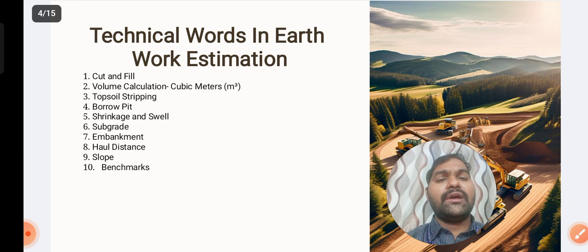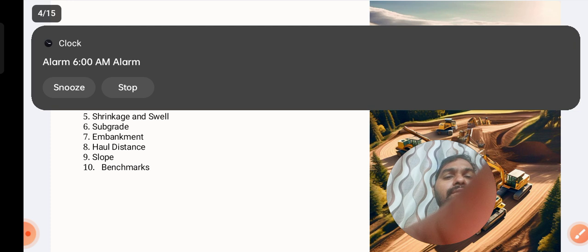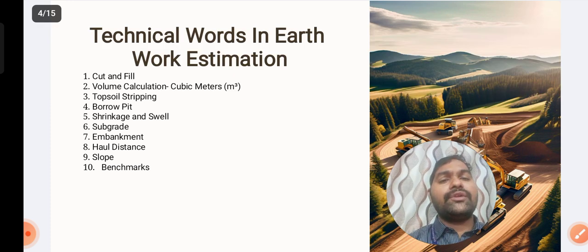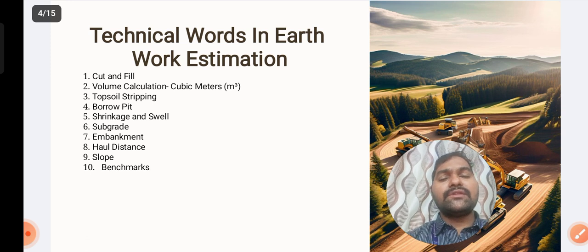In that case, we take that excessive portion, cut it, and place it as an embankment. And coming to the slope, here we want to drain off the rainwater from the road surface, so we provide the slope for the drain off.